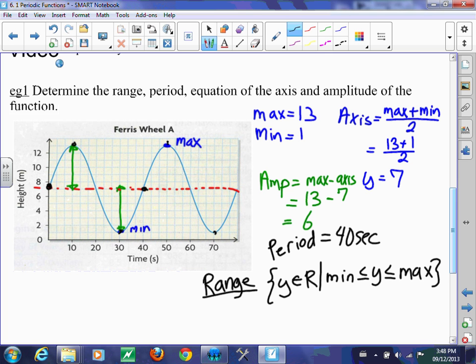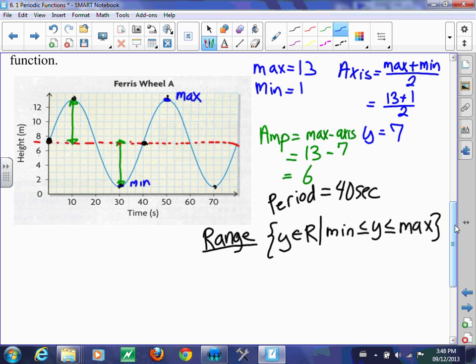We already know those values, so we can set them up to be specific for this example. In this case, we've got height instead of y, so we'll say that height belongs to the set of real numbers such that my minimum, which is 1, is less than or equal to my height, which is less than or equal to my maximum, which is 13. So that would be the range for this situation, just because in this case our y is height.